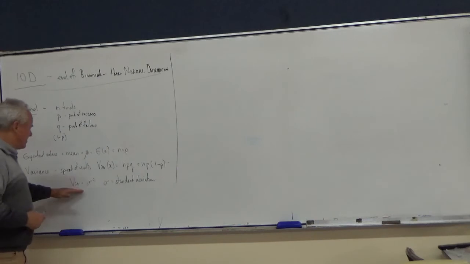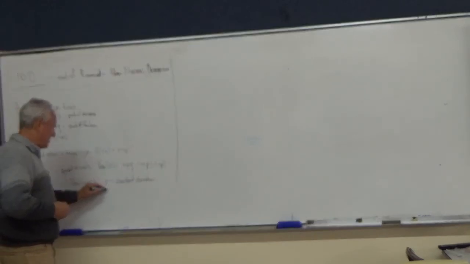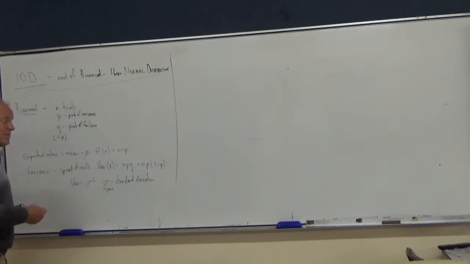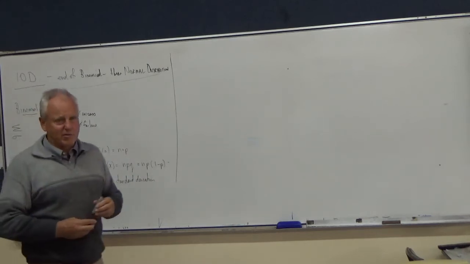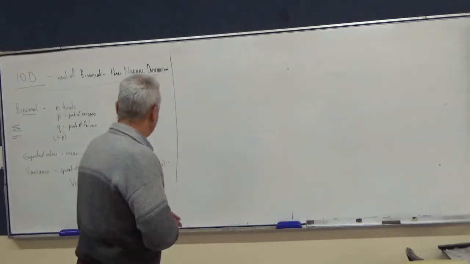The variance is equal to sigma squared. We were talking about sigma yesterday, where there was capital sigma and small sigma, and they're pretty different. But sigma is very frequently used to stand for the standard deviation. It's a measure of the spread.